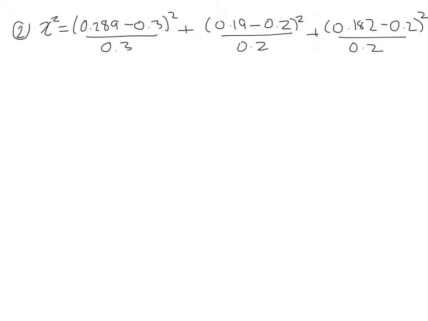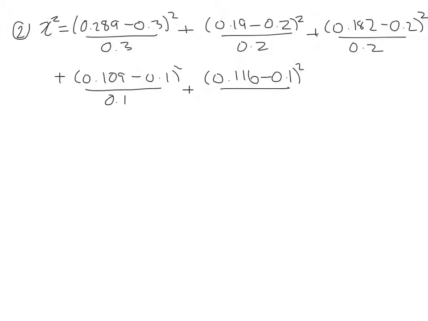All right, next we have the blue, which we observed with probability 0.109 and expected probability of 0.1. Then we have orange, which we observed with probability 0.116 minus 0.1 squared over 0.1.